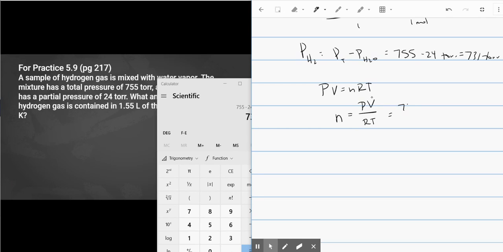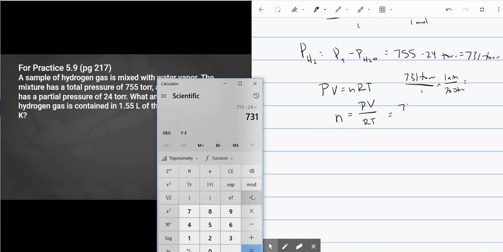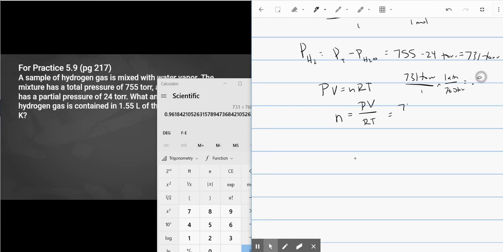Oops, let's change that to atmospheres. 731 torr over 1, 760 torr 1 atm. This torr is going to cancel. And the pressure is going to be 731 divided by 760, which is 0.9618 atm.